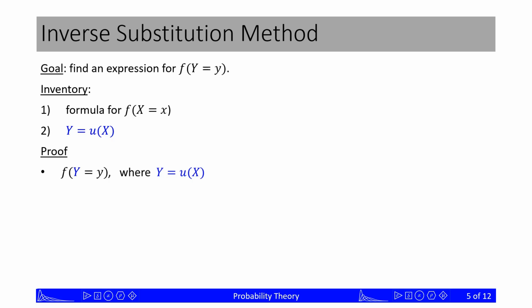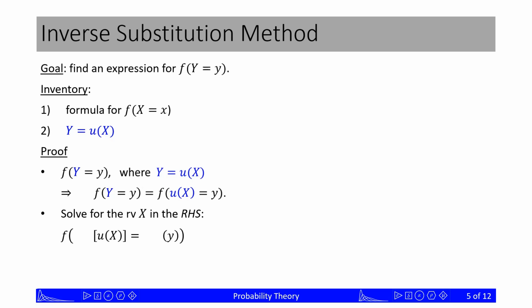We start with what we wish to obtain, which is f of capital Y equals some specific value of little y. And we use the relation random variable y equals u of random variable x. So we substitute u of x in place of the random variable capital Y. Now we want to solve for the random variable x in the equation. To do this, we need to somehow remove or cancel out the function u on the left-hand side. So we apply the inverse function of u.